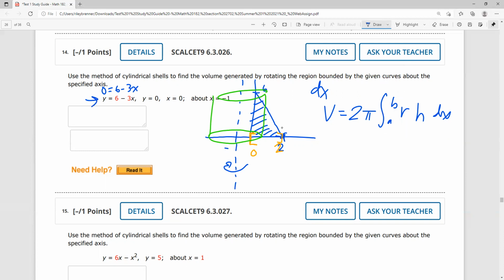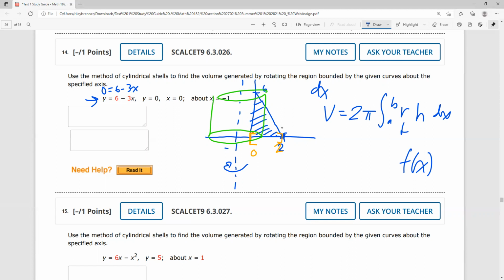If I remember it correctly, we can rewrite this as f of x, right? Is that what you have in your notes, something similar? Except, oh, okay, the radius will be slightly different. It's not x in this case, right? So the height will always be a function with respect to x if you're doing dx, or f of y if you're doing dy. But the radius, you always have to account for something.